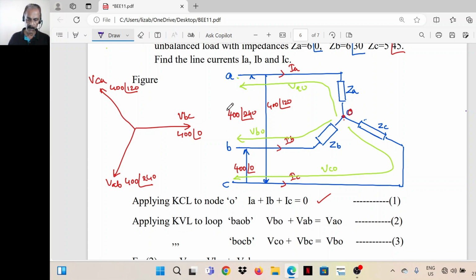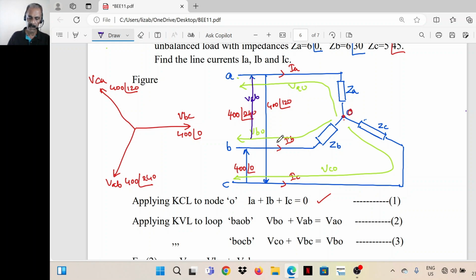In this loop, VBO plus VAB, this is VAB. VBO, that is this voltage, plus VAB is equal to VAO. That means I am starting from point O and reaching point A, tracing two different paths.